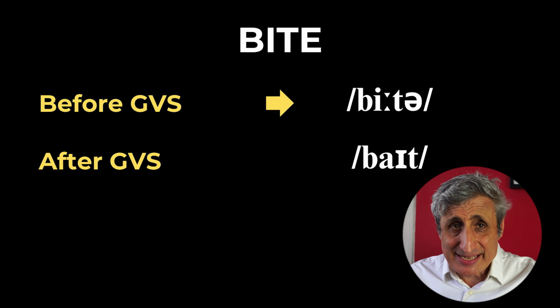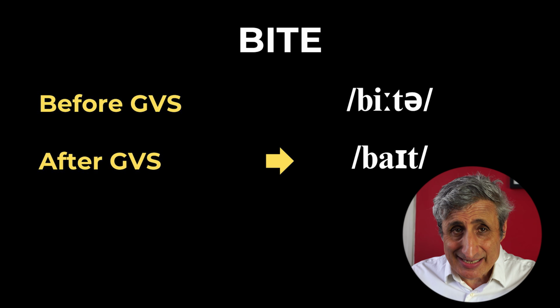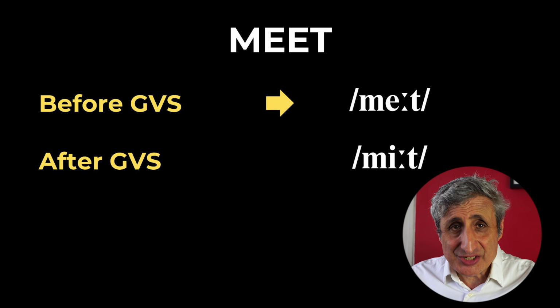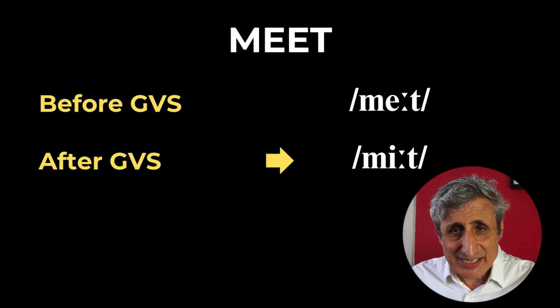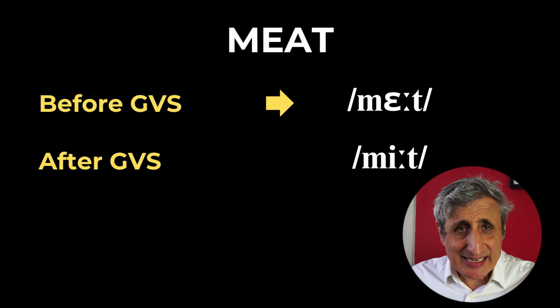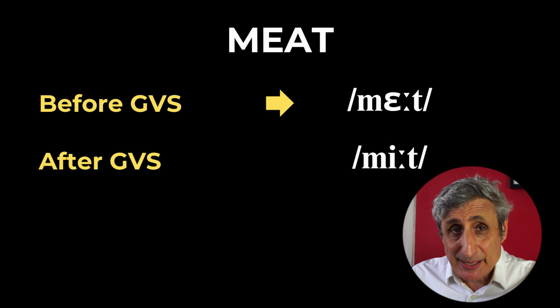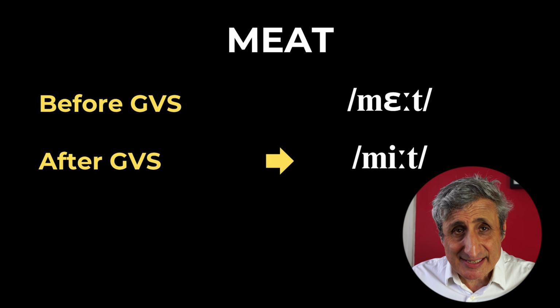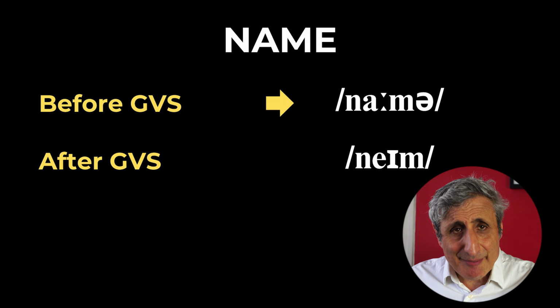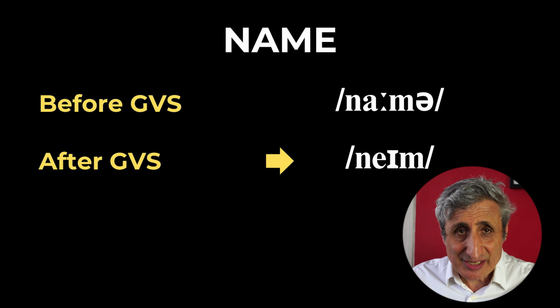So, for example, in Middle English, biete. In Modern English, bite. In Middle English, met. In Modern English, meet. In Middle English, name. In Modern English, name.